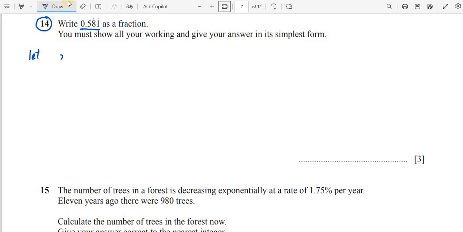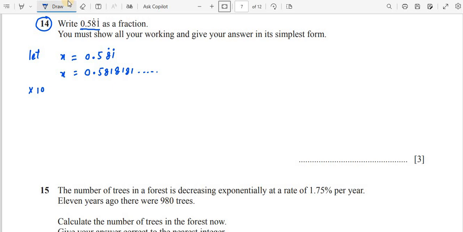Let x be equal to 0.581 with 81 repeated. So open this number, 0.58181, and so on. First of all, multiply with 10.